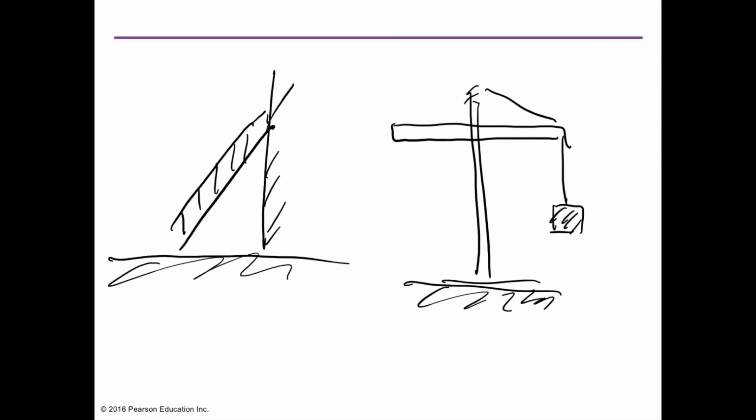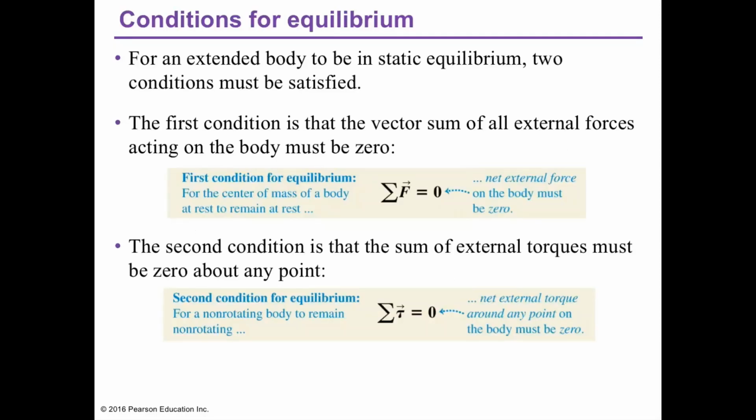Okay, so we've learned in chapters 4 and 5 that a particle is in equilibrium, that is, the particle doesn't accelerate, if the vector sum of all the forces acting on the particle is zero. So for an extended body, the equivalent statement is that the center of mass of the body has zero acceleration if the vector sum of all external forces acting on this body is zero.